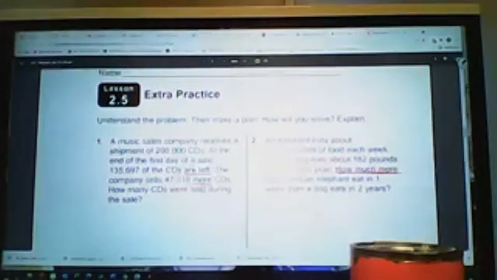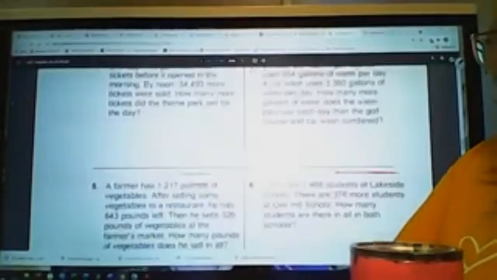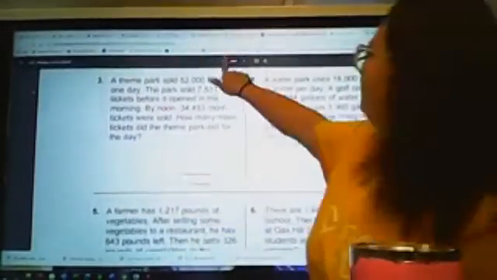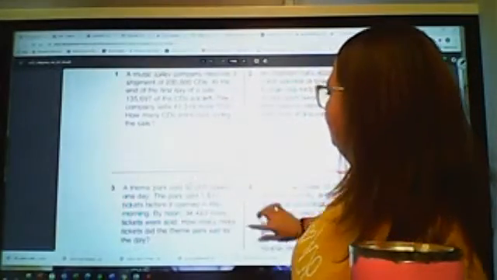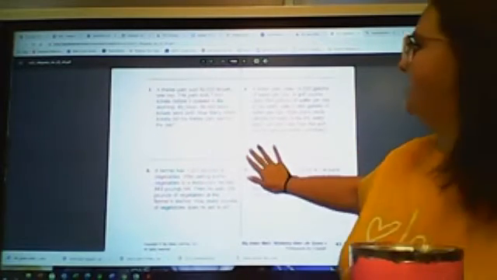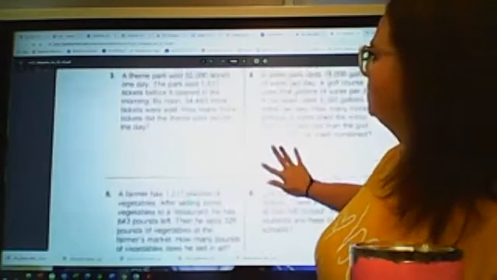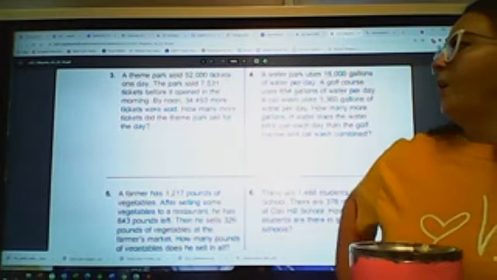All right. Let me grab my mouse. Okay. So let's look at a couple more here. A theme park sold 52,000 tickets one day. The park sold 7,531 tickets before it opened in the morning.